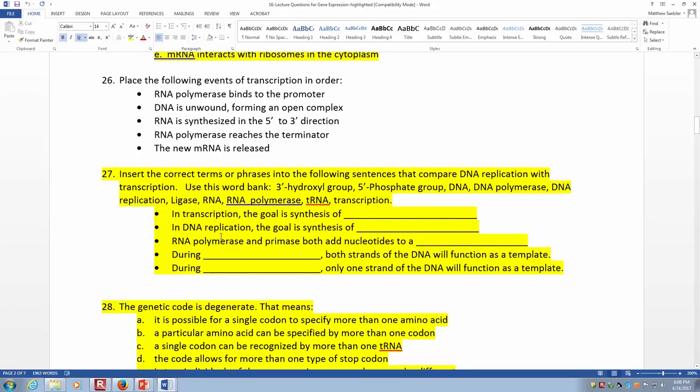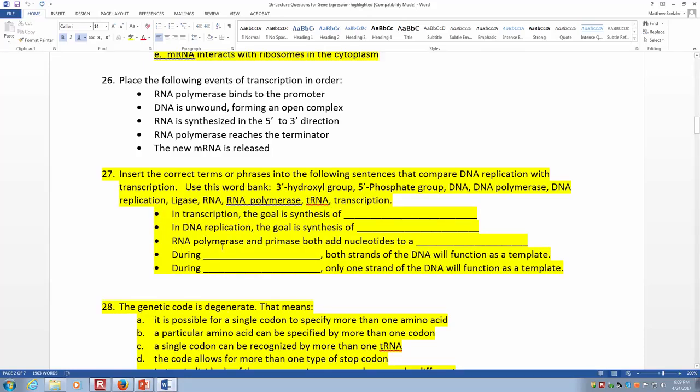And then RNA polymerase and primase both add nucleotides to a, right, okay, and that would also be true for DNA polymerase. So DNA polymerase, RNA polymerase, and primase all build strands of nucleotides in the 5' to 3' direction.